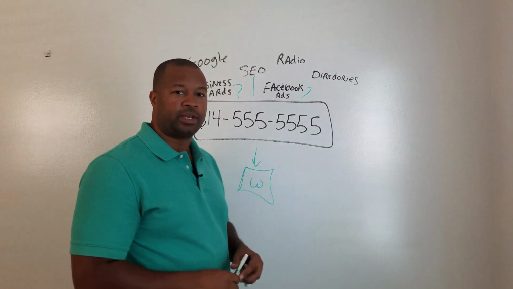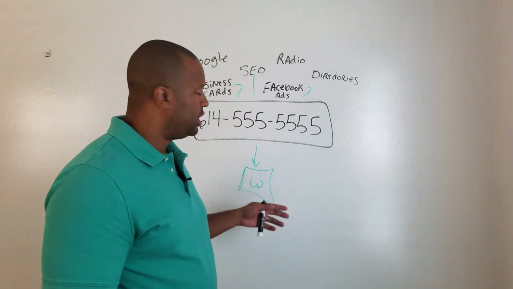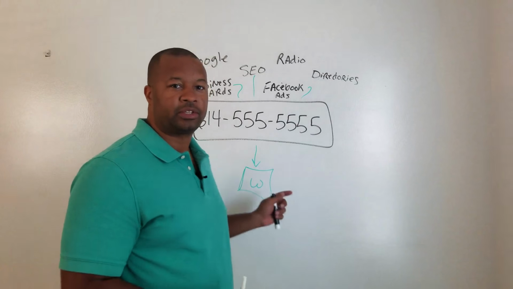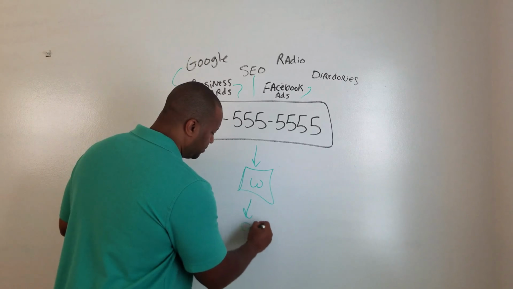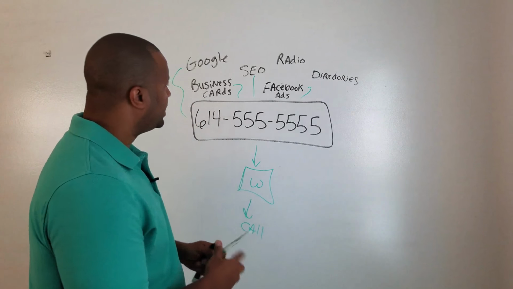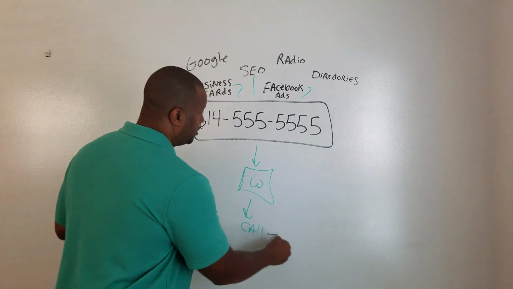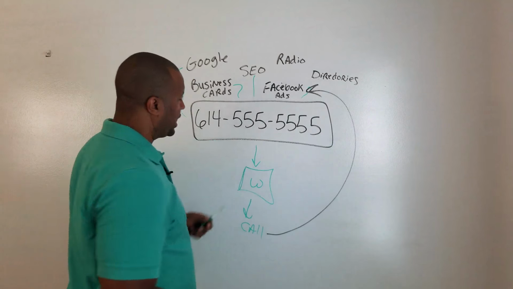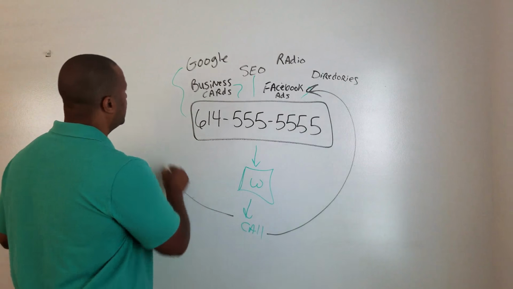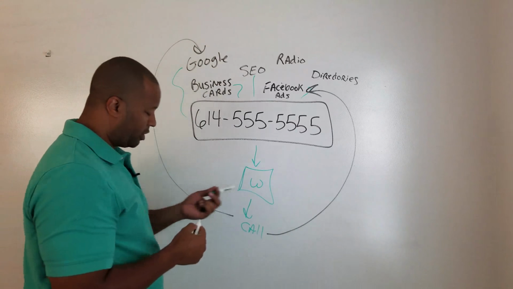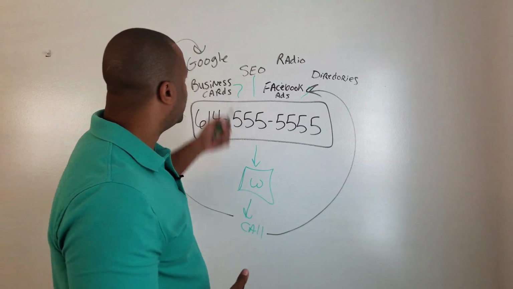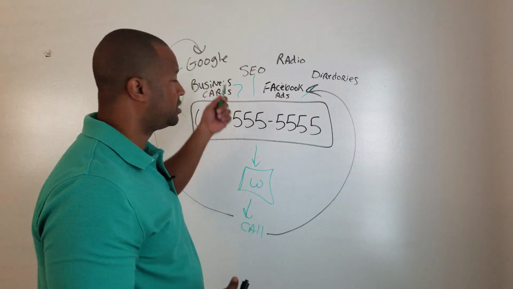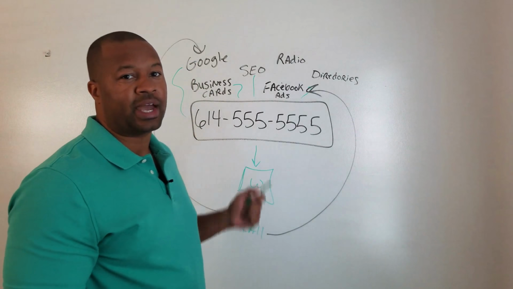We can use dynamic insertion numbers, so every visitor that comes to your website gets a different phone number. So when they actually pick up the phone and call, you'll know exactly where to trace that call back to. If it came from a Facebook ad or if it came from a Google ad, you'll know exactly where that call came from.